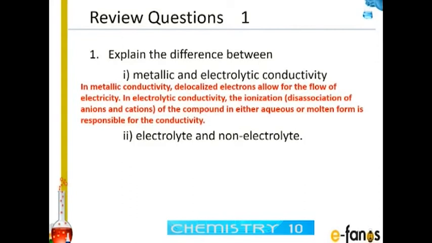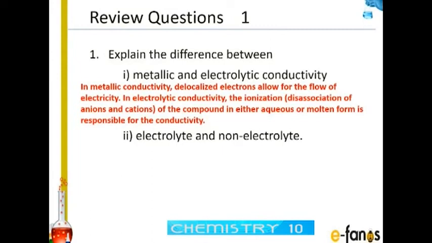So in metallic conductivity, it's the delocalized electrons which allow for the flow of the electricity. Whereas in electrolytic conductivity, the ionization or the dissociation of anions and cations of the compound in either aqueous or molten form is responsible for the conductivity.